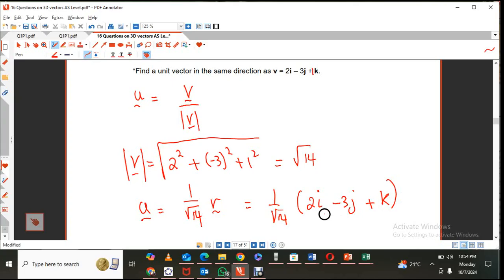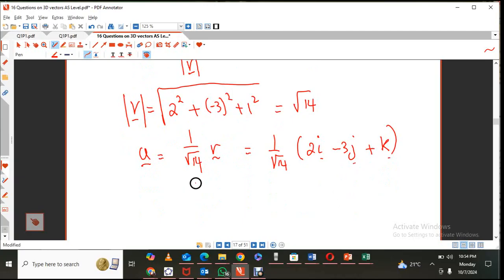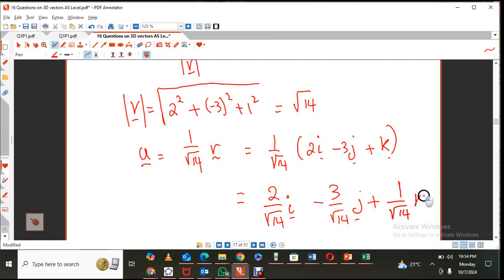You can stop there if you want to, or you can distribute that 1 over root 14 as well. And if I distribute it, I'm going to get 2 over root 14 for i, minus 3 over root 14 in the j direction, plus obviously 1 over root 14 in the k direction.